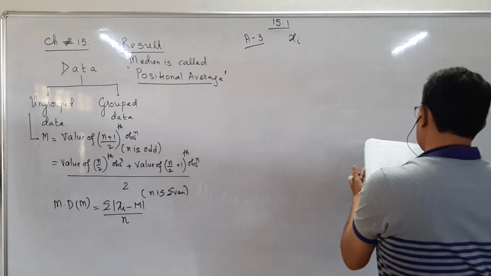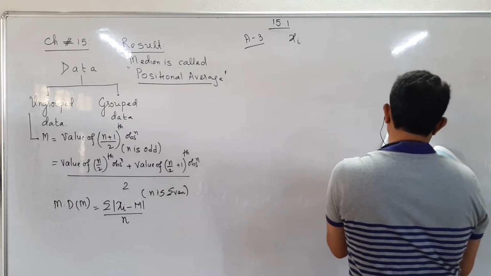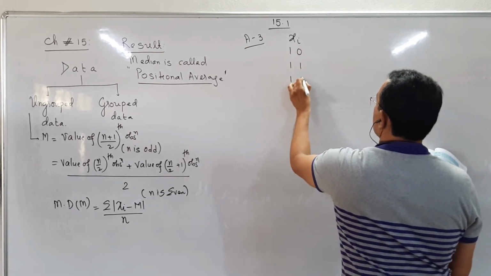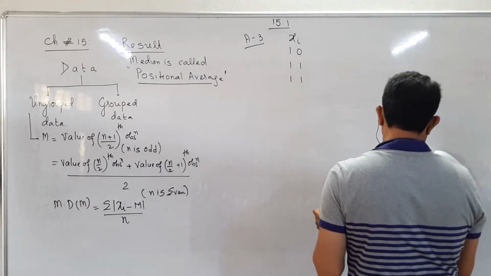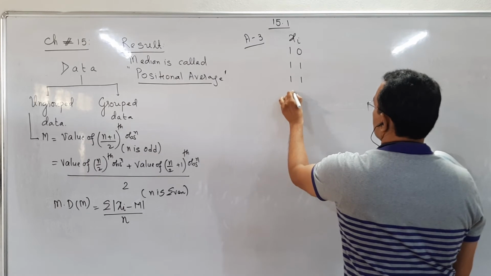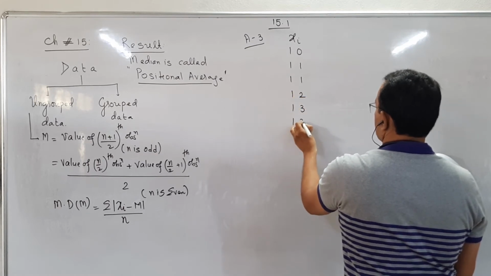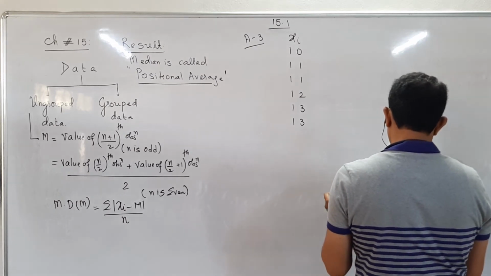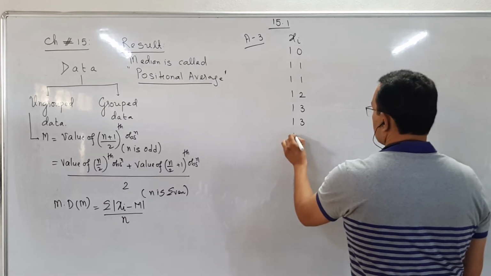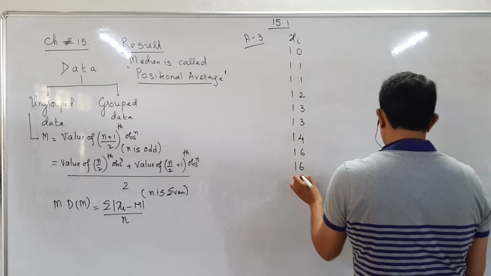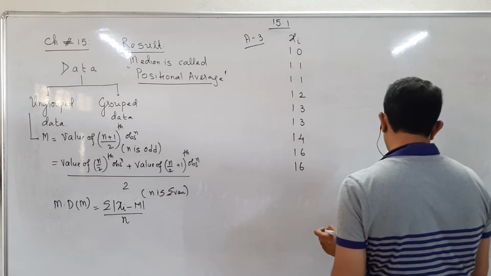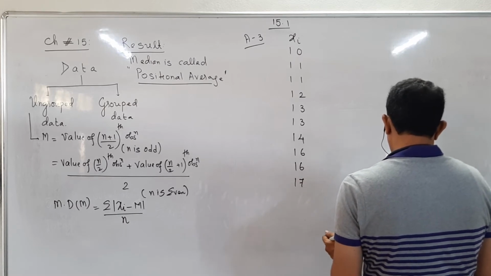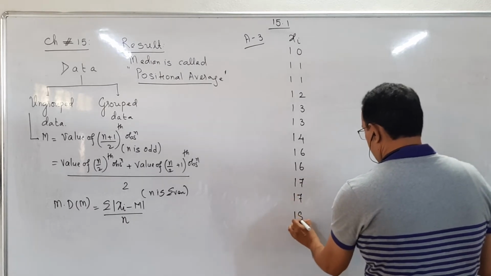So for the given observations of the third sum, the least observation is 10, then 11 is repeated twice, then 12, then 13, 13 is also repeated twice, then 14, then 16 is repeated twice, then 17, then 17 is also repeated twice, and then 18.